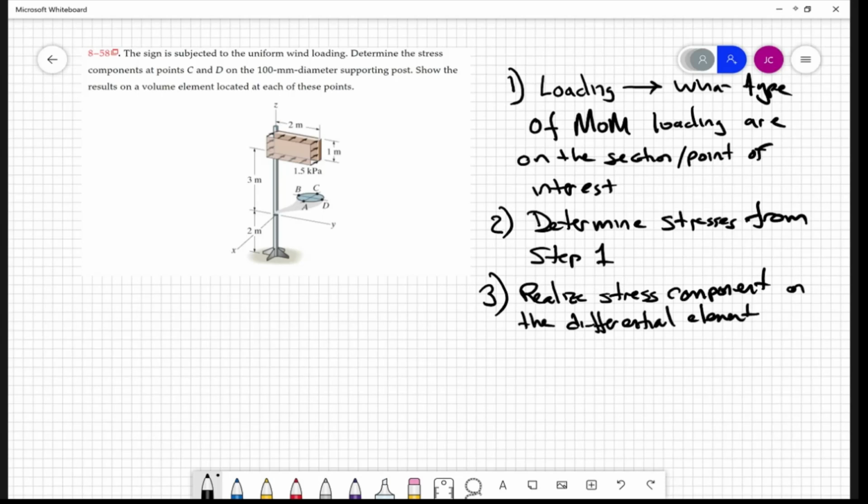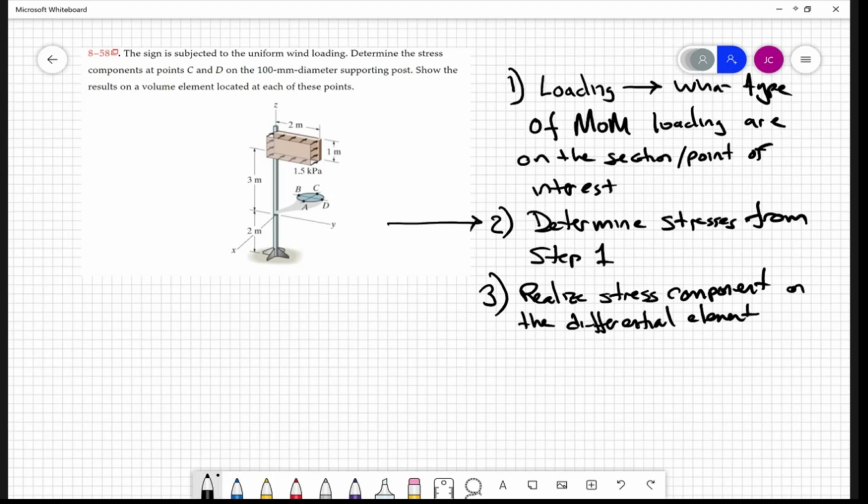All right, those are the 3 steps. And again, as previously, this has been our major focus in this class, but this is going to require that you're a little more comfortable with that stuff.